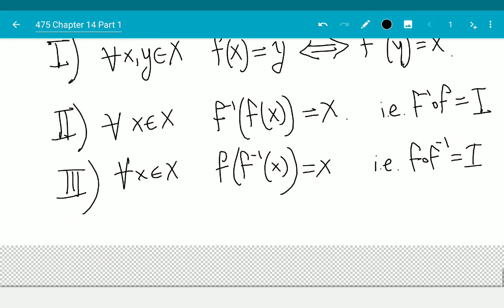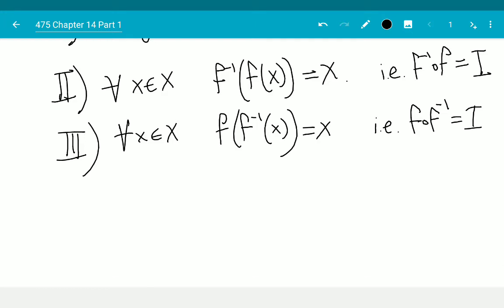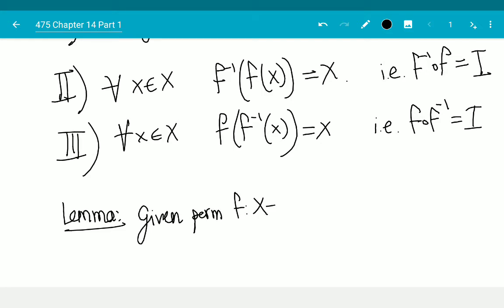Inverse. Okay, and we would like to show that these all 3 are equivalent. Lemma. Given a permutation f from x to x and g from x to x, the following are equivalent.